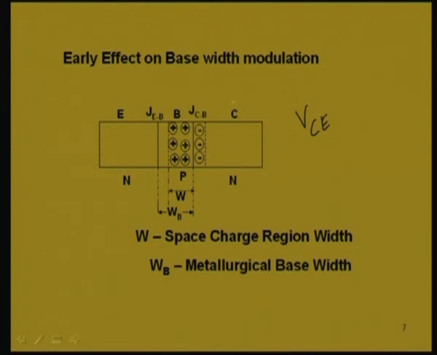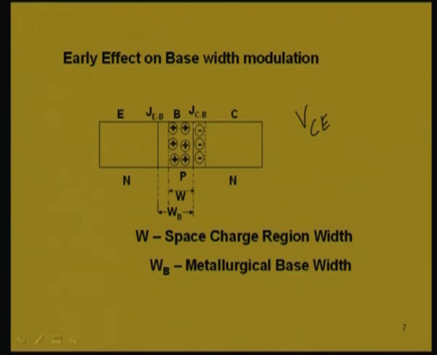Now, this collector base junction is reverse biased, so the space charge region formed around the junction will penetrate more into the base region, because the base is lightly doped in comparison with the collector.